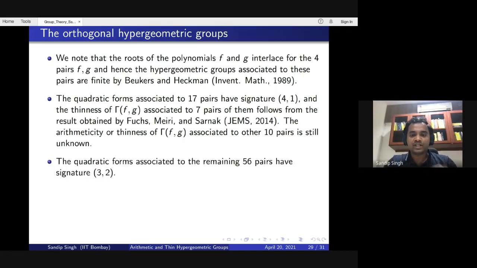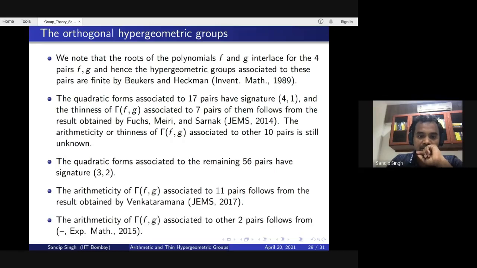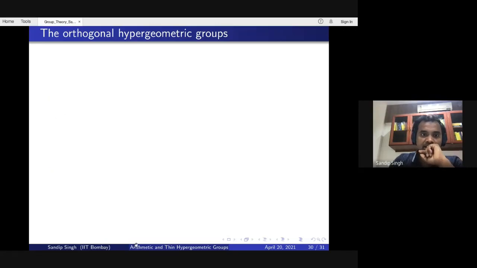The quadratic forms associated to the remaining 56 pairs have signature 3,2. The arithmeticity of gamma f,g associated to 11 pairs follows from the result obtained by Venkataramana. And the arithmeticity of gamma f,g associated to the other 2 pairs follows from the same result that I just explained, what I had obtained.